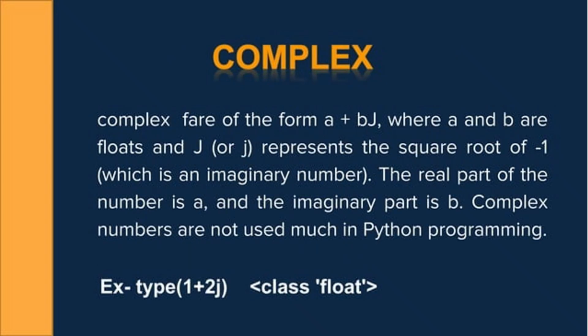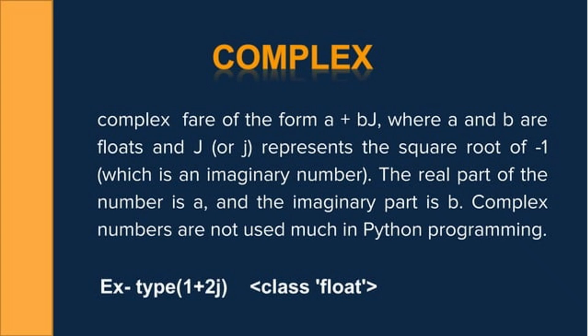Next is complex. This slide also lists complex as third numeric type, but complex numbers include real and imaginary parts. For example, 3 plus 4j is a complex number in Python. 3 plus 4j or 1 plus 2j.